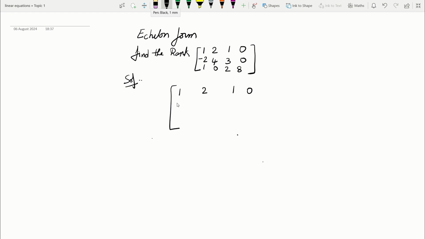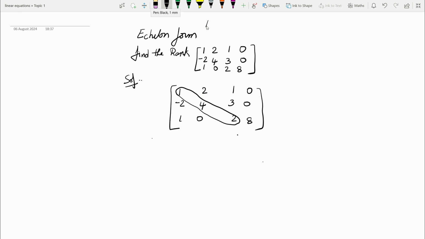Now I am going to write the solution. Anyhow you will copy this matrix again: 1 2 1 0. This is first row first column element, -2 is second row second column element, and 1 0 2 8, third row third column element.